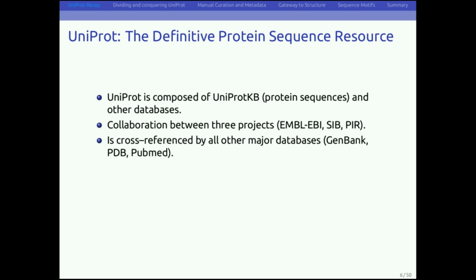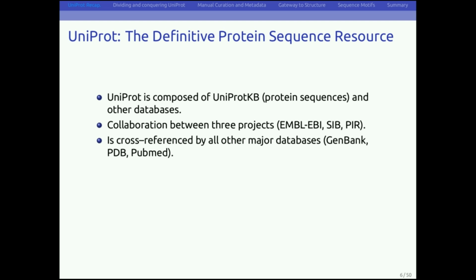And just as we discussed in our networking lecture, all these databases are principal repositories for their particular domains. UniProt is for protein sequence, GenBank is for DNA and RNA sequences, PDB is for protein structure, and PubMed is for publications. These big databases really like to talk to each other, so there's always cross-referencing going on.